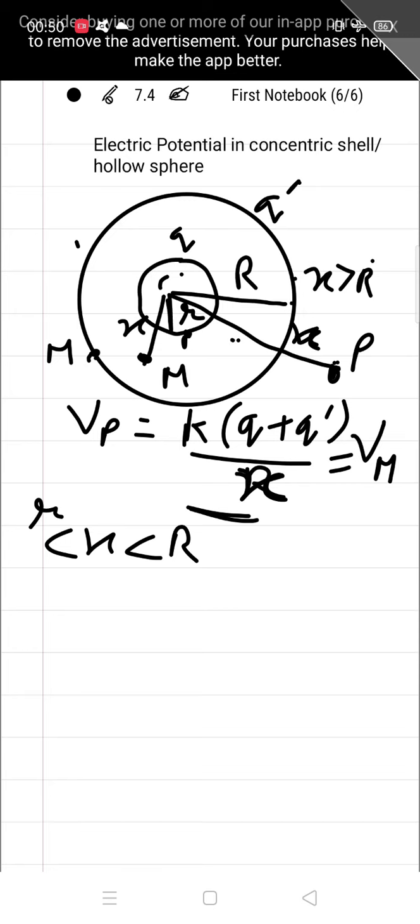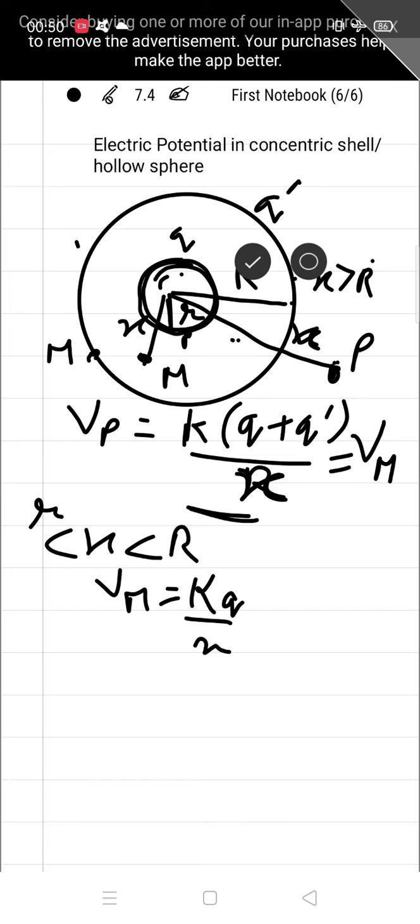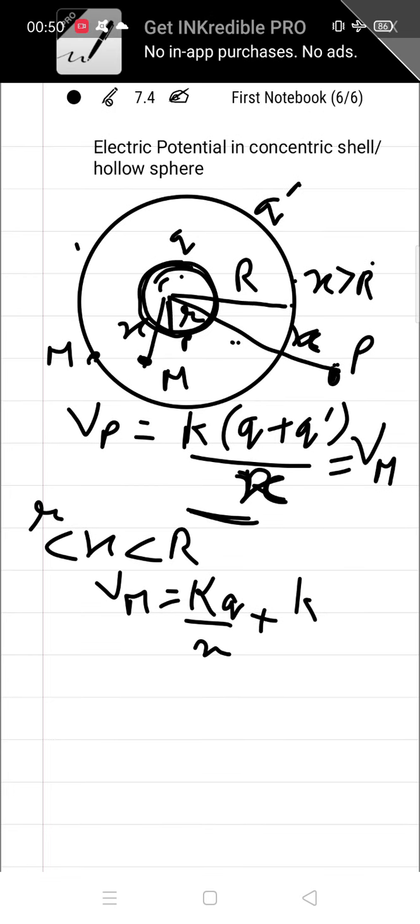Now for this condition, the potential at M will be given as kq by x. This is the potential due to the inner sphere which has the charge q. Plus the potential because of the charge outside, which will be kq dash upon R.